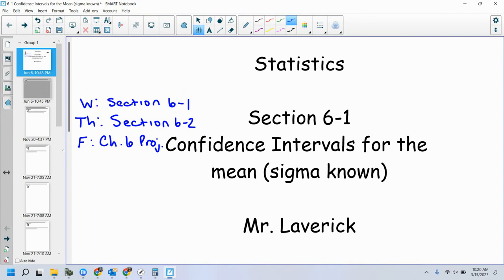So section 6.1 today, section 6.2 tomorrow, and that is honestly it for chapter 6. There's only 2 sections in chapter 6 that we're going to do. Chapter 6 is all about confidence intervals. And then we have spring break, right? So when we come back on that Monday, I'll give you the review assignment.